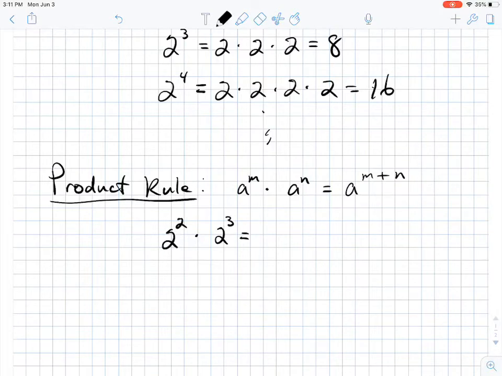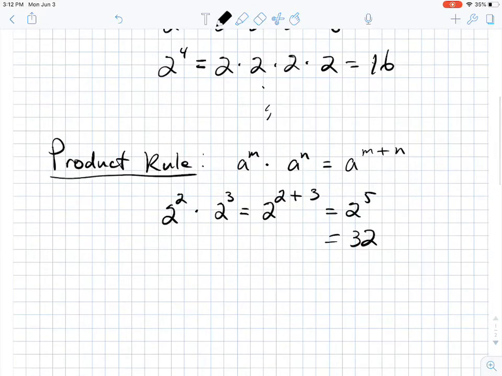We're really saying 2 plus 3, which should give us 5. So we should have 2 to the 5th power, which should give us, I believe, 32.